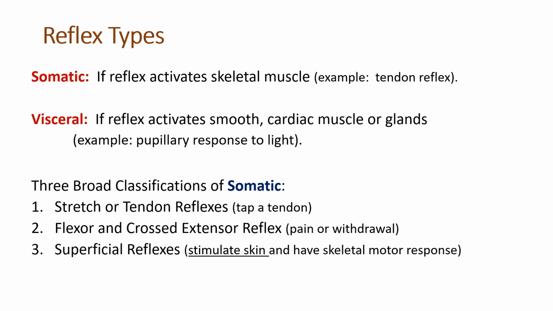There are also subdivisions of the somatic reflexes. They have the stretch reflex. Again, the patellar reflex is a perfect example of this. A flexor reflex or a crossed extensor, that just means that you pull, for instance, your bicep, and then relax your tricep. That's usually a pain or a withdrawal type situation, and we have some examples of that coming up.